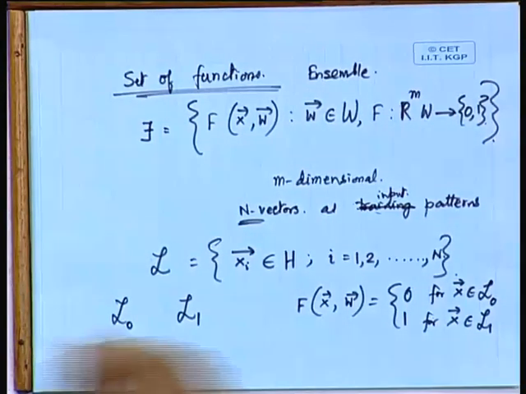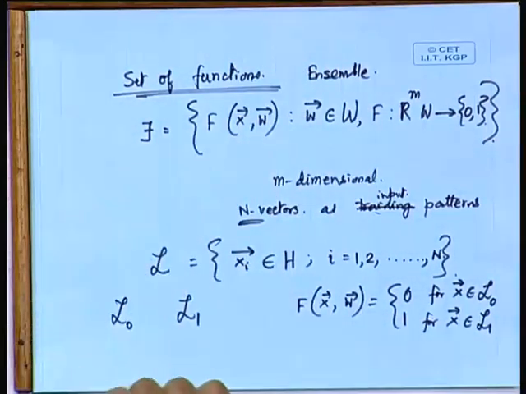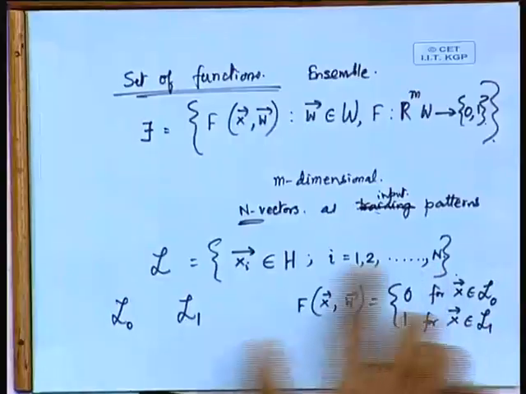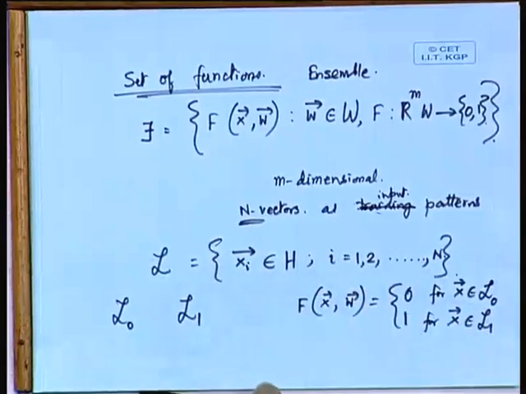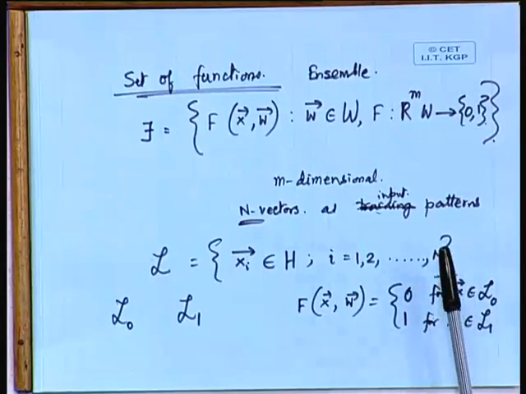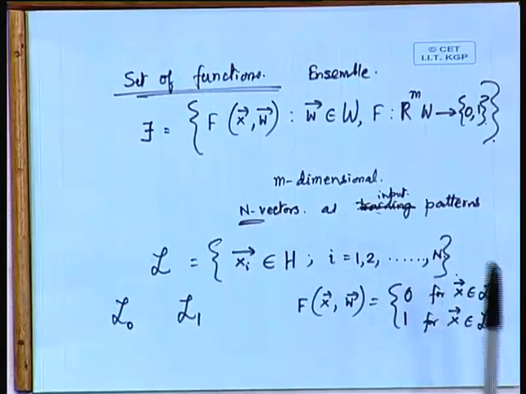Now, from this set of dichotomies, let's say we take any one dichotomy and apply it on this set L. For some of the input patterns the output will be 0, and for others the output will be 1.